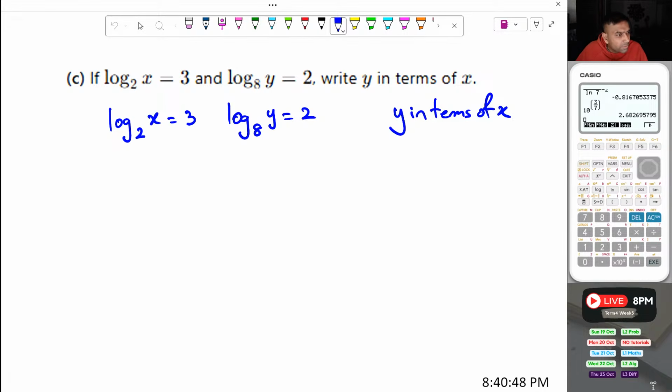Why did it go 5 over 3? Huh. That is the same as 16 times x in this case. Interesting. Did anybody get x to the power of 5 over 3 in the previous one?